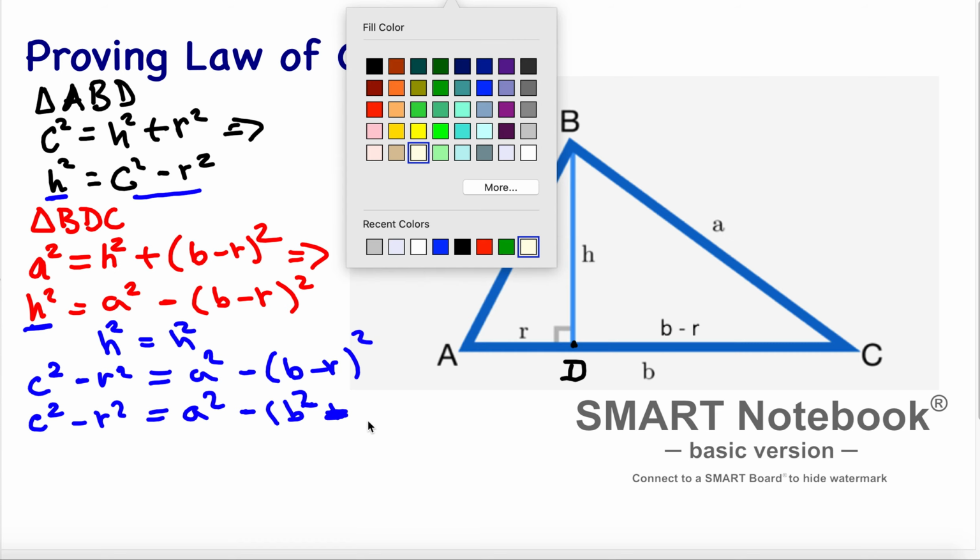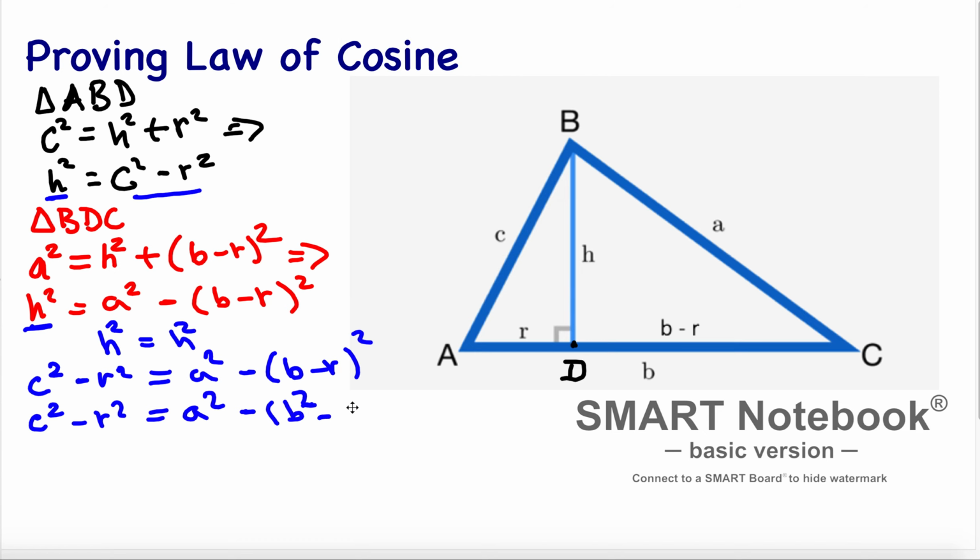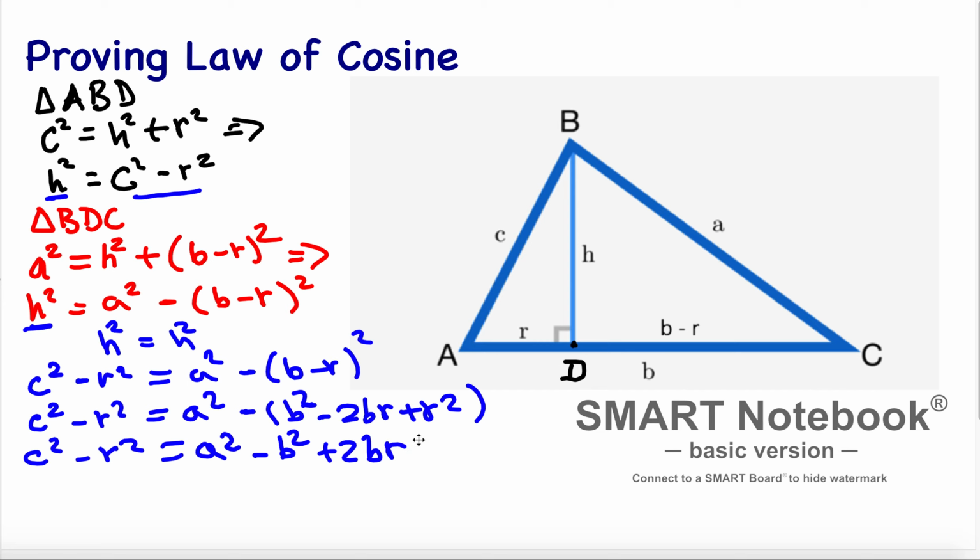So this is b squared minus 2br plus r squared. But because I have this minus, I'm going to distribute everything. Minus r squared, and this is going to be equal to a squared minus b squared. So I'm distributing minus inside. Negative times negative is a positive 2br, and negative times positive is a negative r squared.